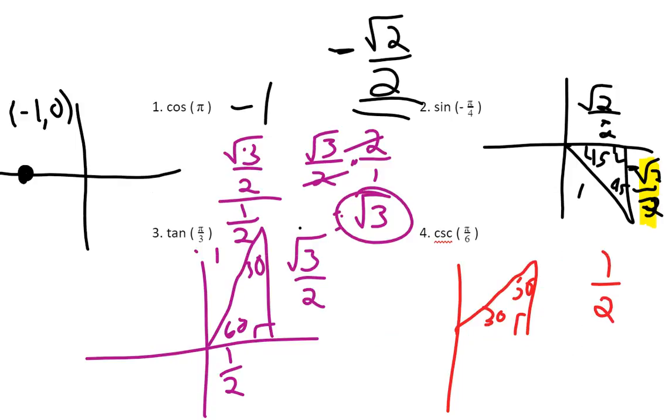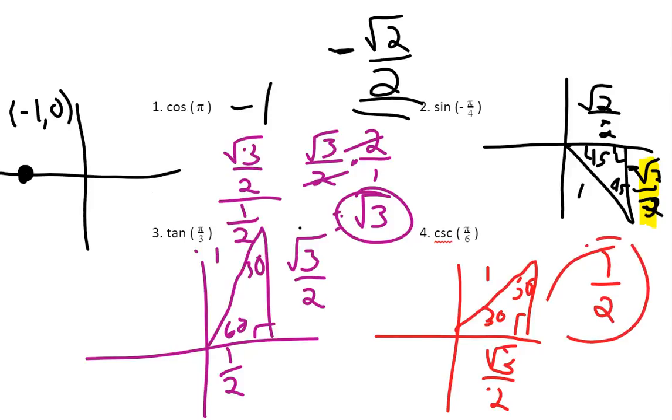Root 3 over 2 right here, and a 1 here. Cosecant is the reciprocal of sine. Sine is y. The reciprocal will be 1 over y. My y value is 1/2, so my cosecant is 1 over 1/2, which is going to be equal to 2.